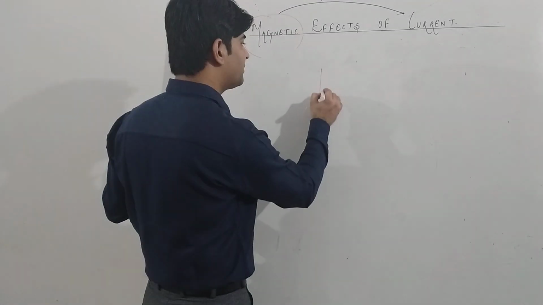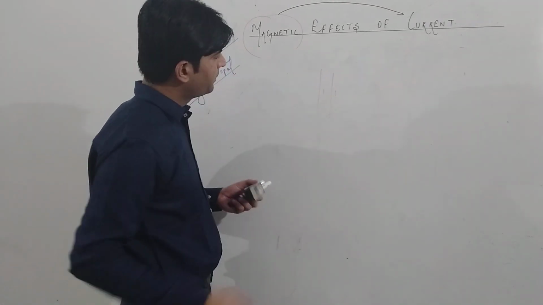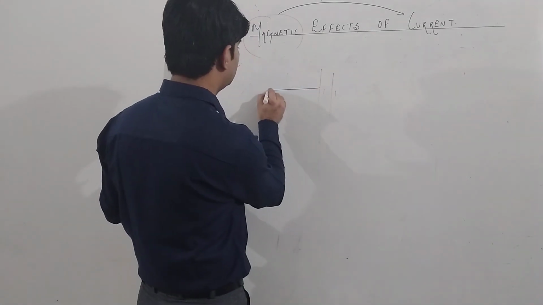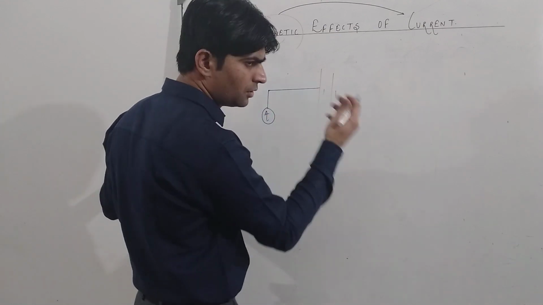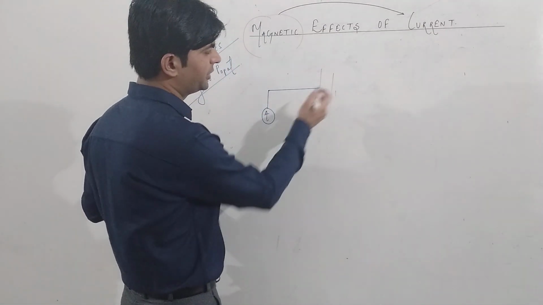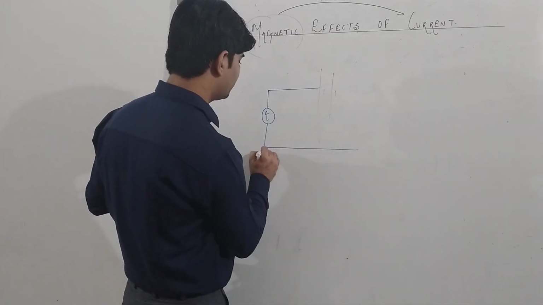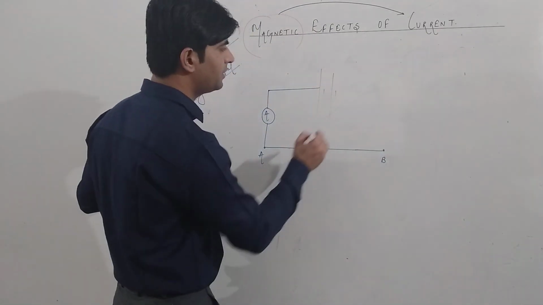Suppose I have taken a battery. This is your battery, and I have made a connection here. You can connect an ammeter just to see the value of the current produced by this battery. This is a straight wire I have connected and named AB.